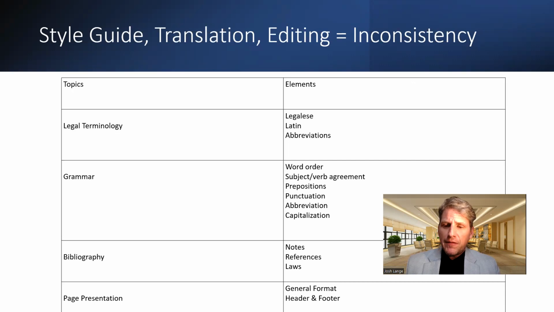When we help law firms create their own style guide, and we've helped some of the leading law firms in the world create their style guides, what we do is we give them a set of categories, and then we give them some examples of what we mean by that category, and then we have their partners analyze and say, oh, I keep seeing this, and this is how I write this, and this is how I write that, and then we help them to put that into a style guide.